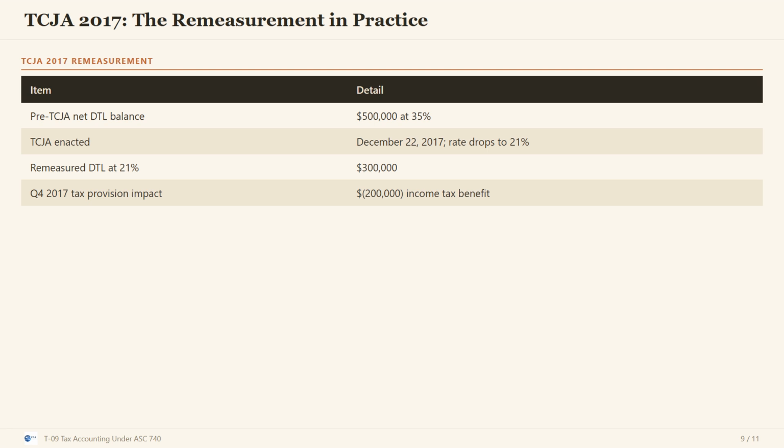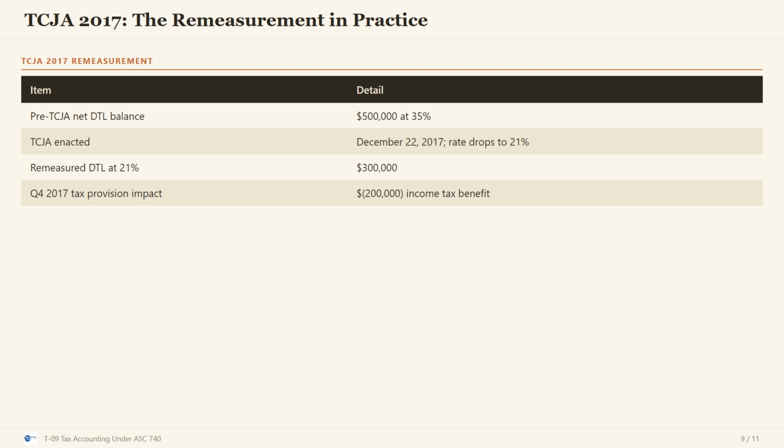The Tax Cuts and Jobs Act, the TCJA, gives us a real-world case study. Before the act, a company might be carrying a net deferred tax liability of $500,000, measured at the old 35% rate. The TCJA was enacted on December 22, 2017, cutting the corporate rate to 21%.